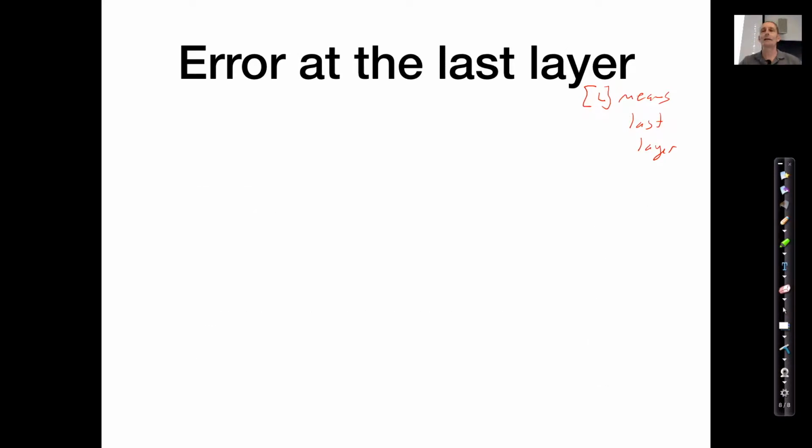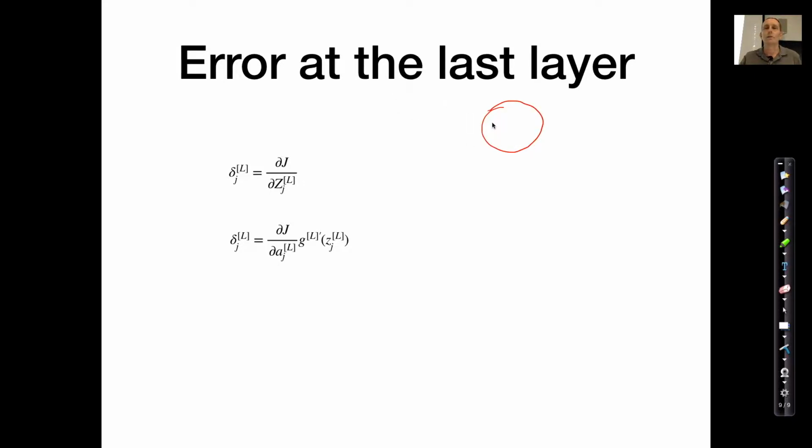So the last layer, what does the last layer look like? We have a z, we have a equals g of z, and we may have multiple of these.